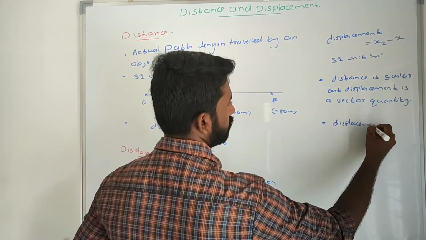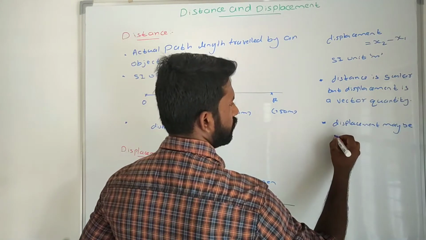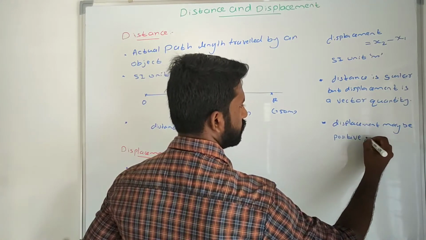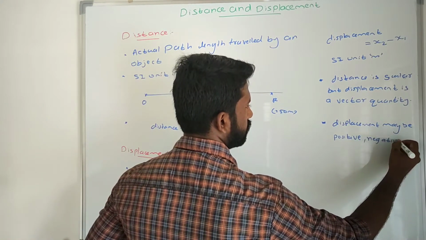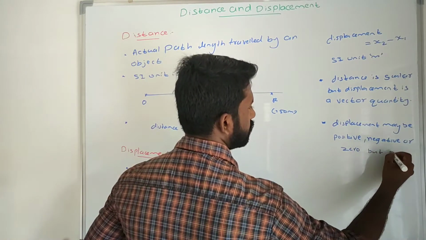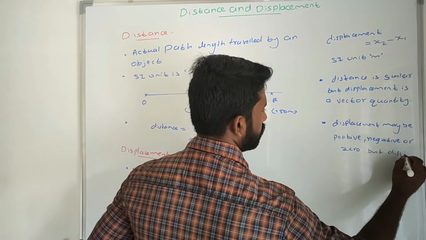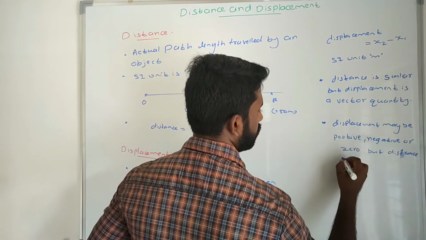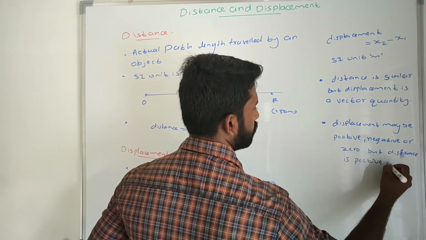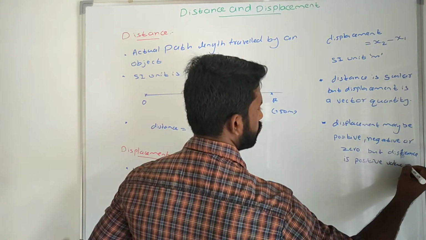Next, displacement may be positive, negative, or zero, but distance is positive only.